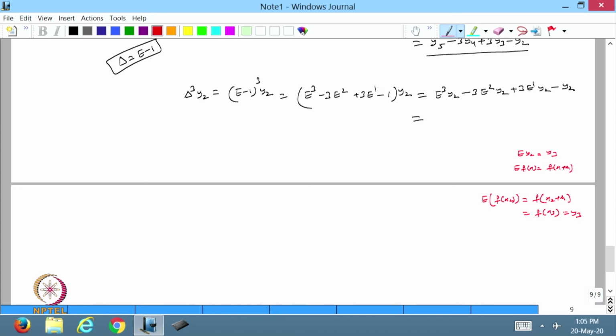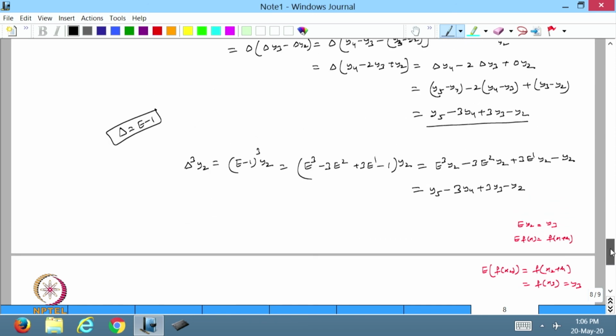So, I am shifting by one step. Here I am shifting 3 steps. So, from here I will get y5 minus 3 times y4, which is 2 steps away from y2, plus 3 times y3, 1 step from y2, minus y2.